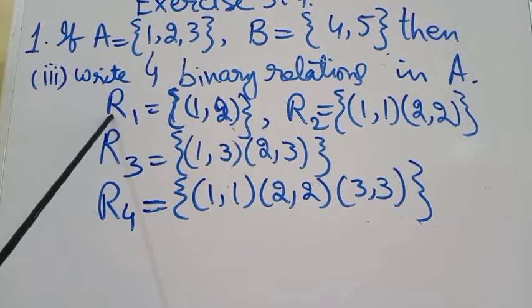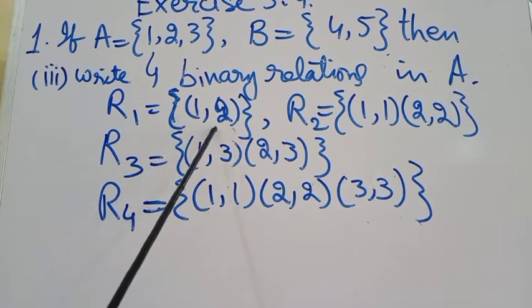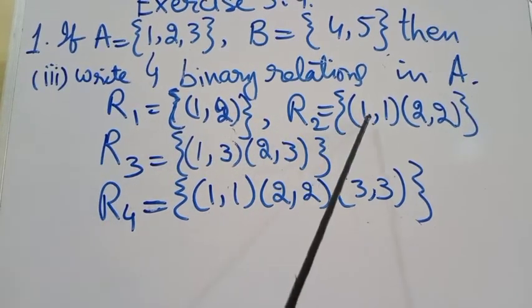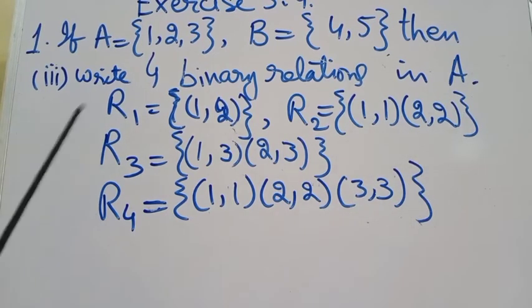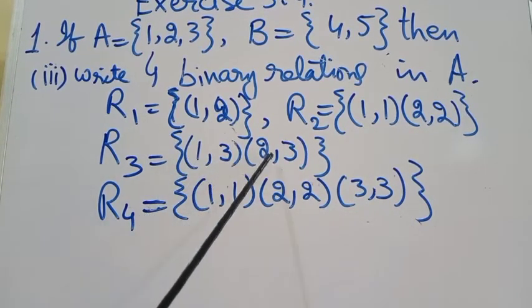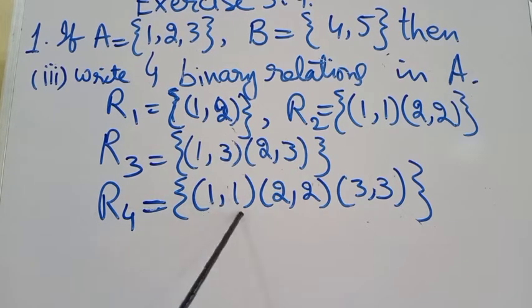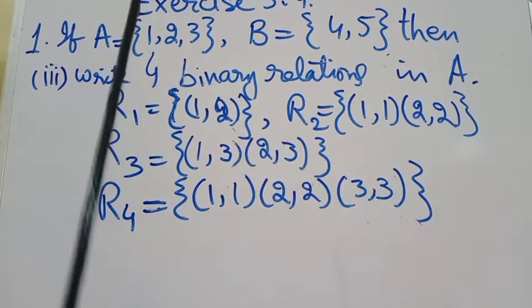So we have R1 is equal to {(1, 2)}. This is the first relation. Second relation is {(1, 1), (2, 2)}, third relation is {(1, 3), (2, 3)} and fourth relation is {(1, 1), (2, 2), (3, 3)}.